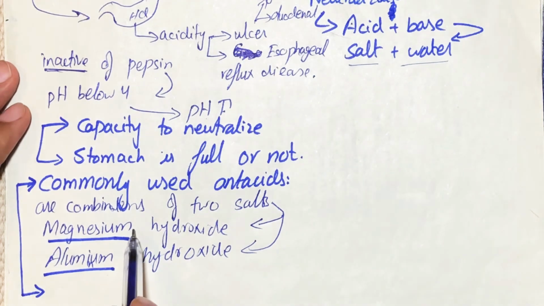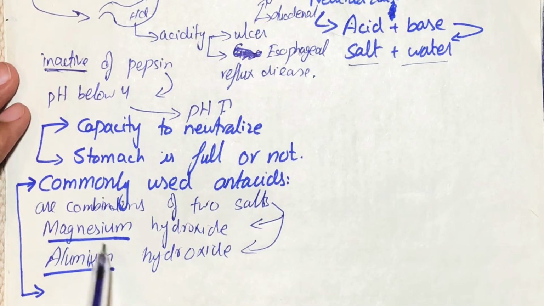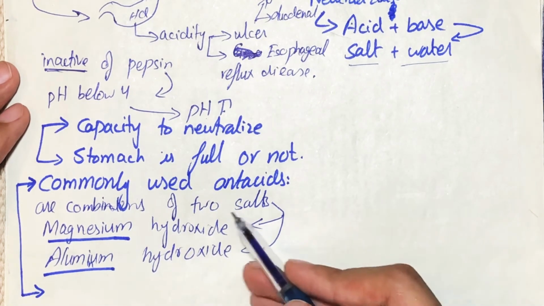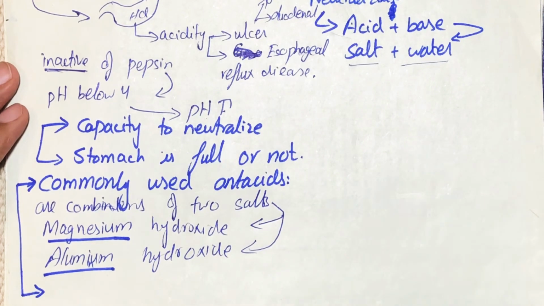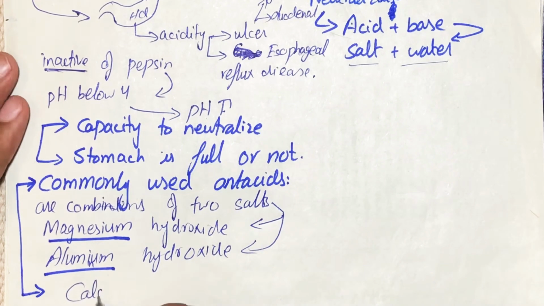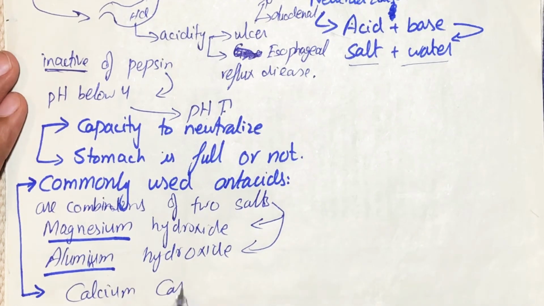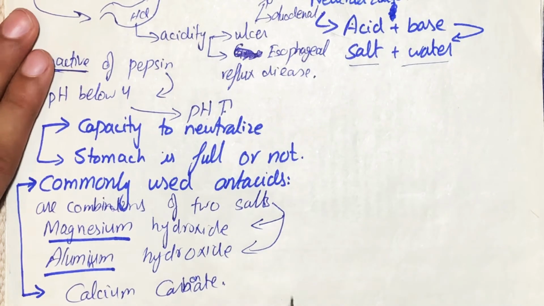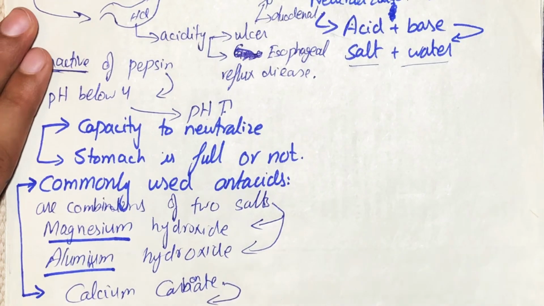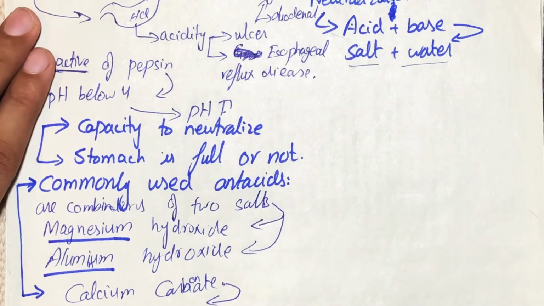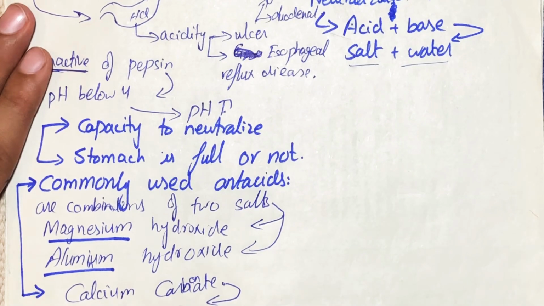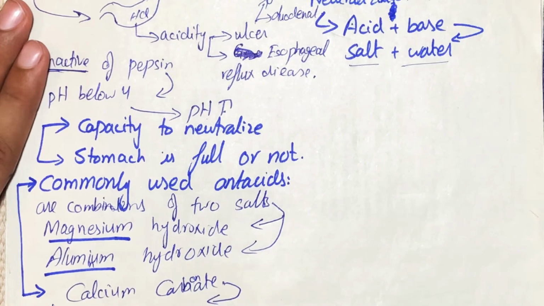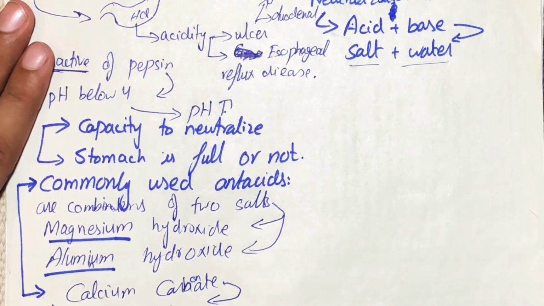We can also use any other salt of magnesium and aluminium together, but this is just an example that I have given to you. Another salt that we commonly use is calcium carbonate. One thing to remember when you are talking about calcium carbonate, as you know, when it will react with acid, what will it cause to form? It will cause the formation of carbon dioxide along with calcium chloride.